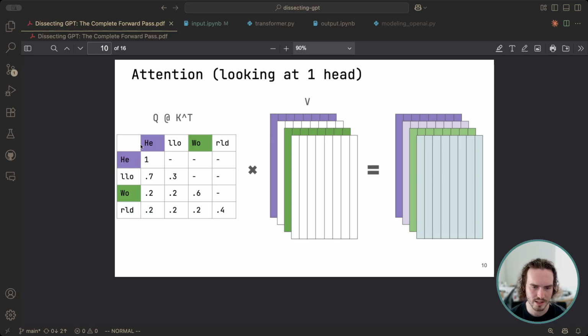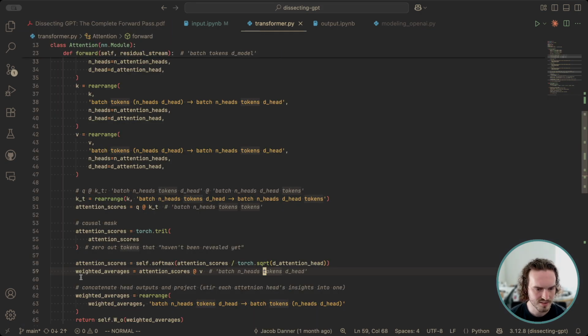And so we multiply these attention scores by the values, and then we end up with a tensor that is reflective of the context. So we figured out how much they should merge, and then we multiplied them by the more raw thing, and then we end up with a better representation because each token is able to merge its representation with the representations of the tokens that came before it. And so that's what we're doing here.